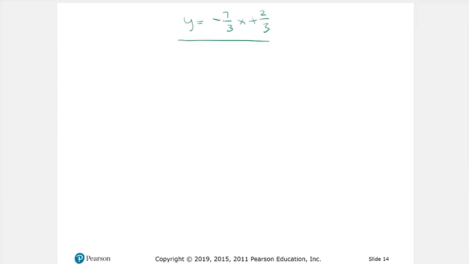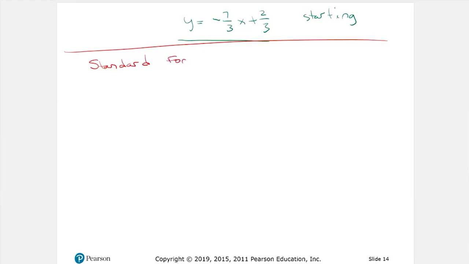So this is where we're starting. And standard form is ax plus by equals c.